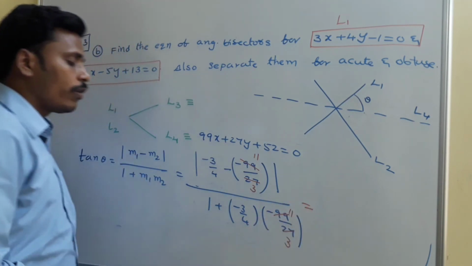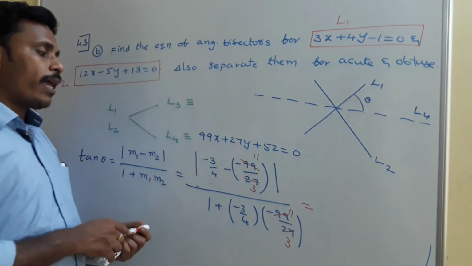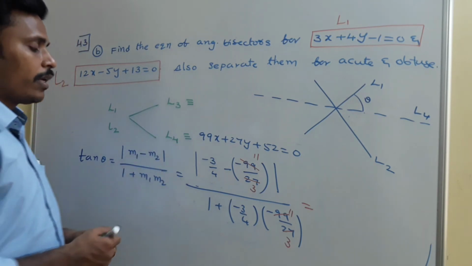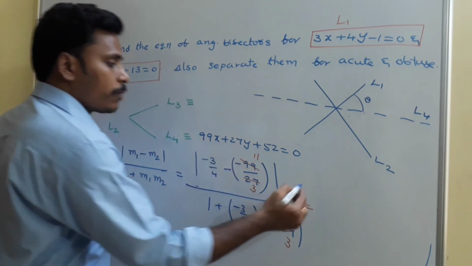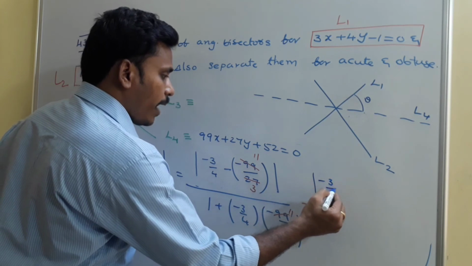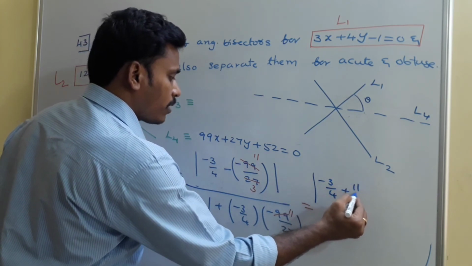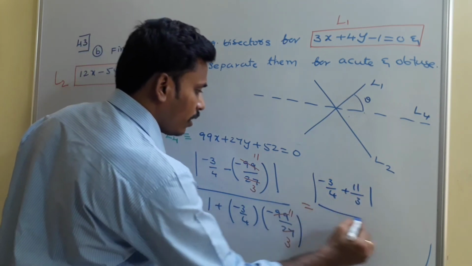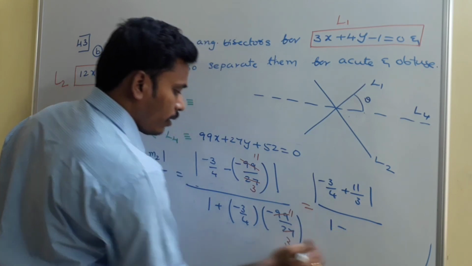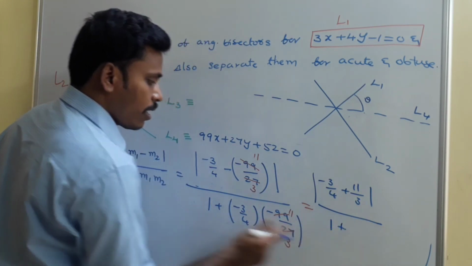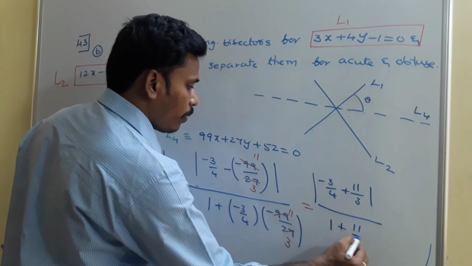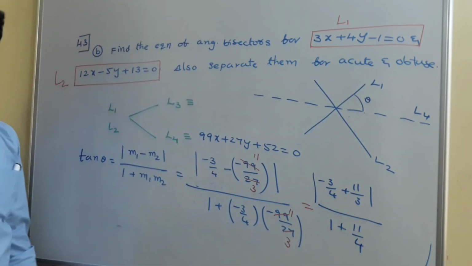So how can we go with the next step? Minus of minus is plus, so this is equal to minus 3 by 4 plus 11 by 3, divided by 1 plus 11 by 4, where the 3s get cancelled.